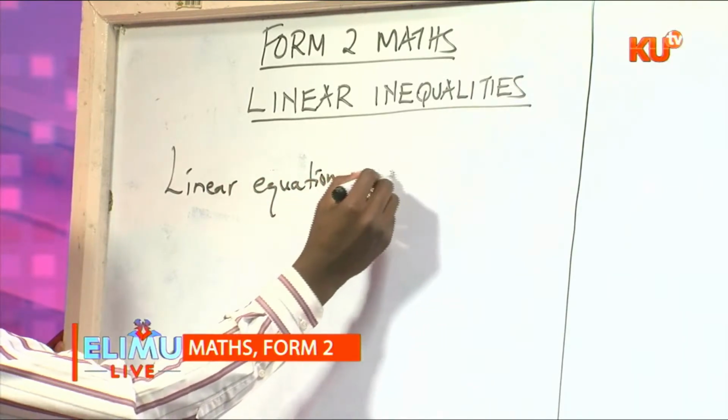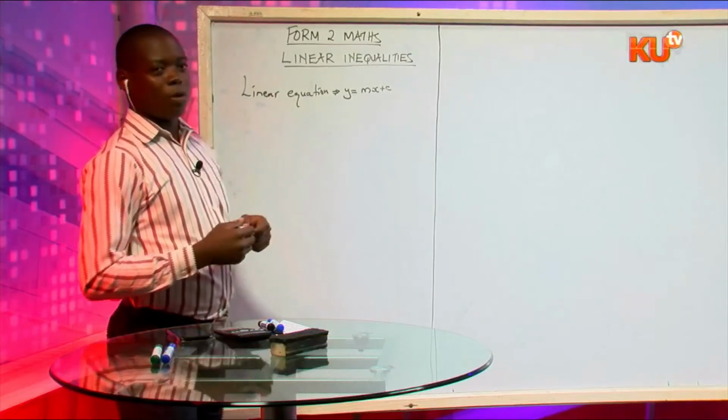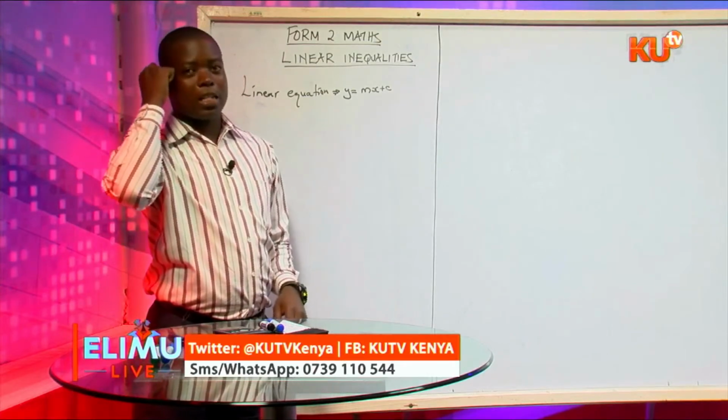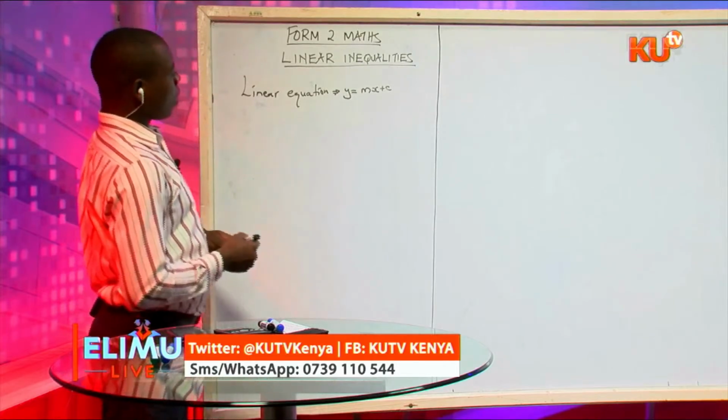When you're talking about a linear equation, they are of the form y equals mx plus c. That is a linear equation. And we say they are linear because the highest power of x is 1. That is why we call them linear.